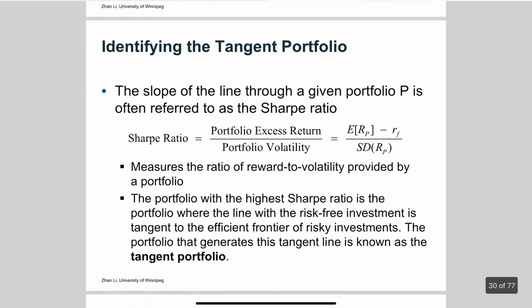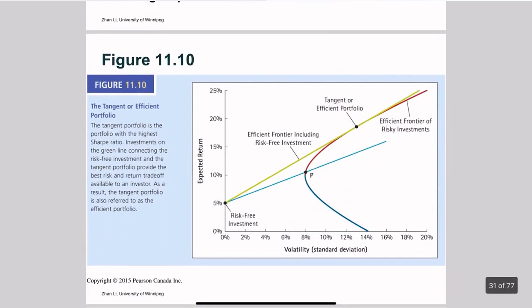And after learning about this tangent portfolio, we could introduce Sharpe ratio. So now let's look at this guy here and introduce Sharpe ratio. If you look at the slope of this curve, how do you define slope?